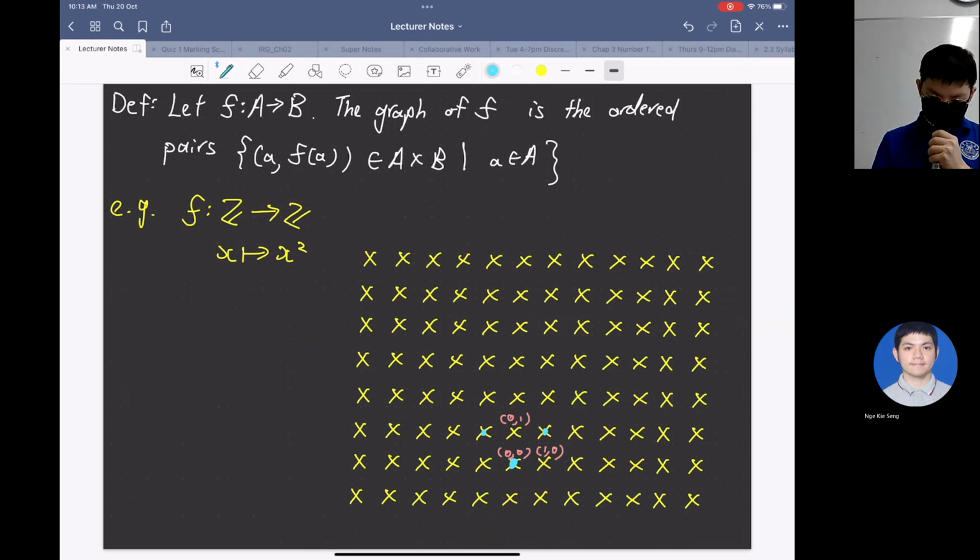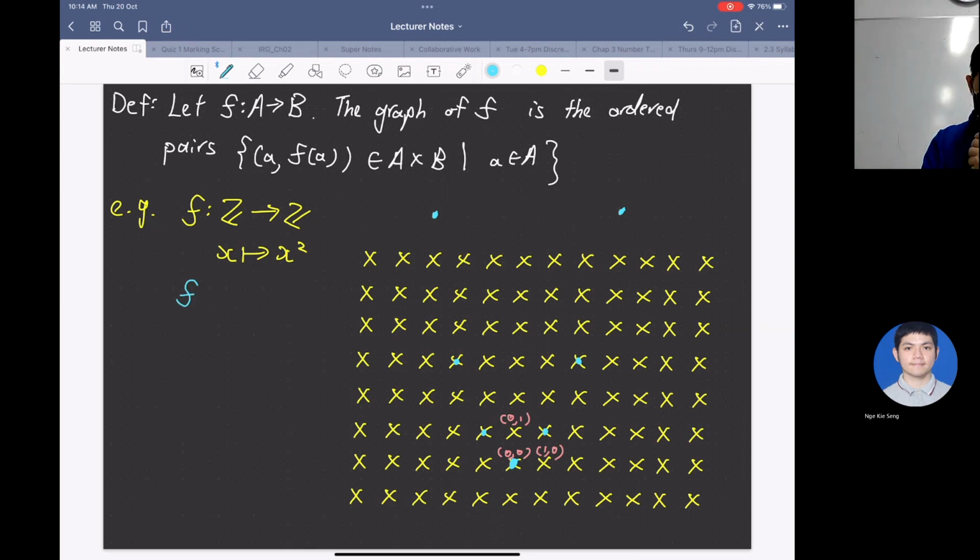Also (2, 4), and then (-2, 4). Okay. And then (3, 9), 9 is maybe somewhere up here. Then (-3, 9).